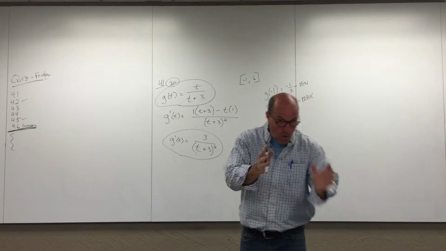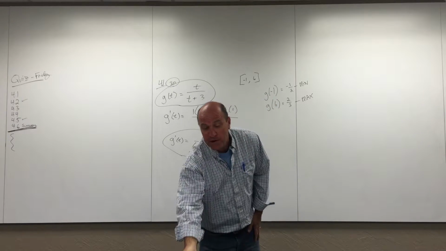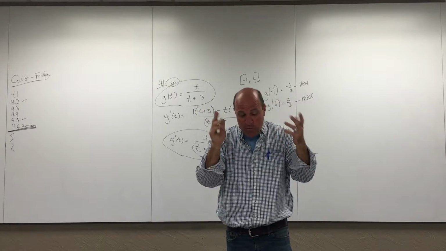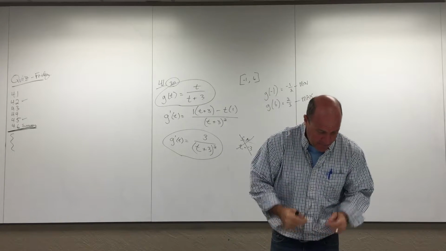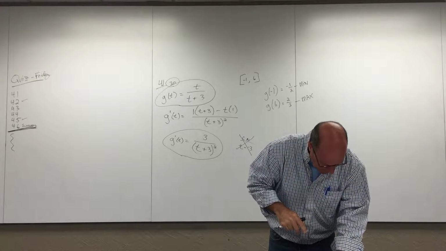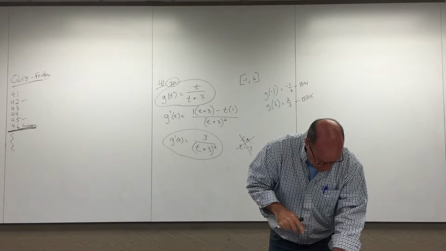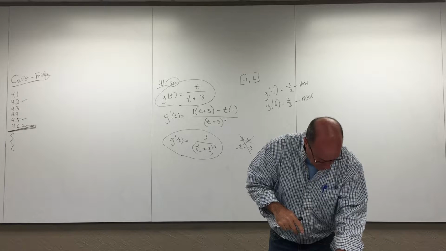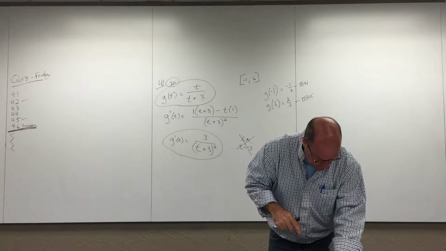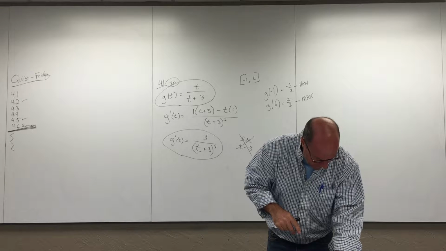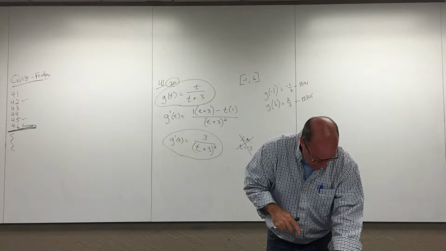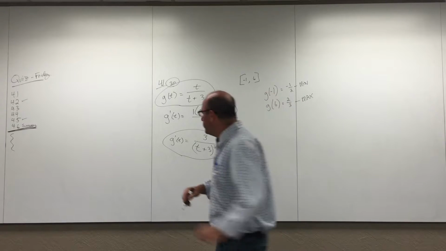For a while I skipped 4.2, and then I went and talked about it and assigned a couple of problems. Let me just try one here. In 4.2, I don't know, like number 13.